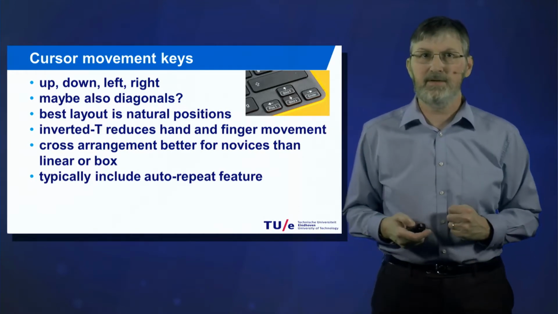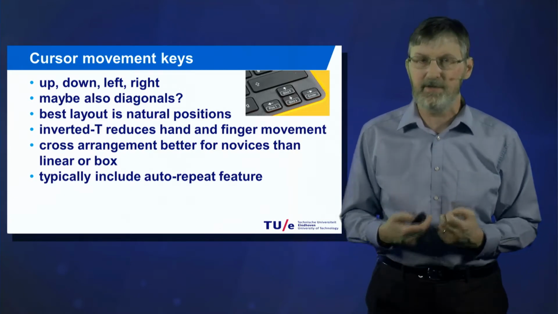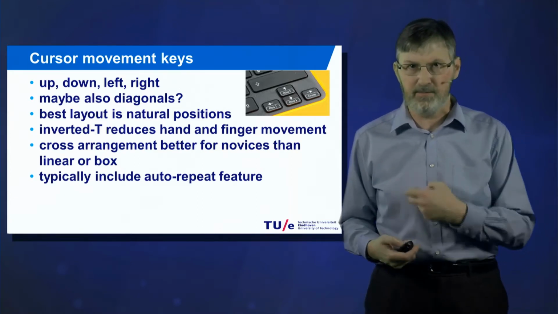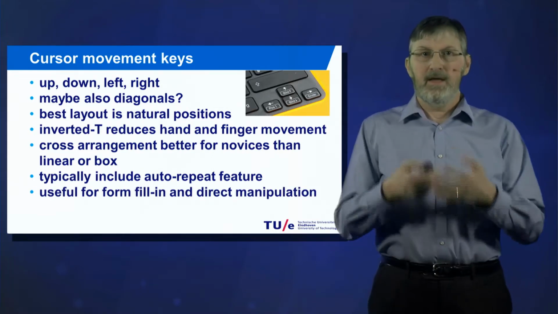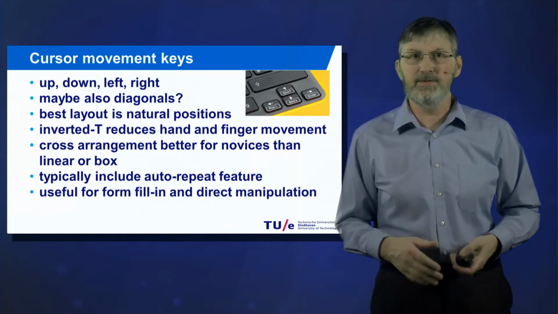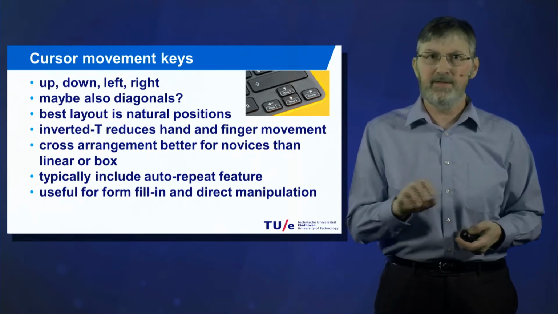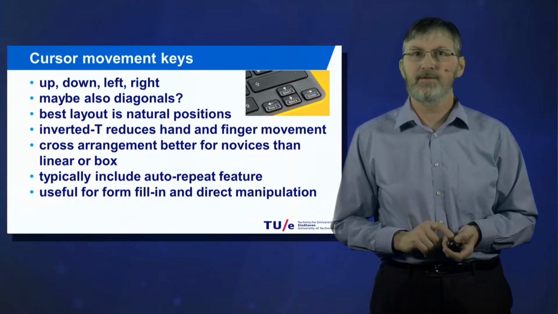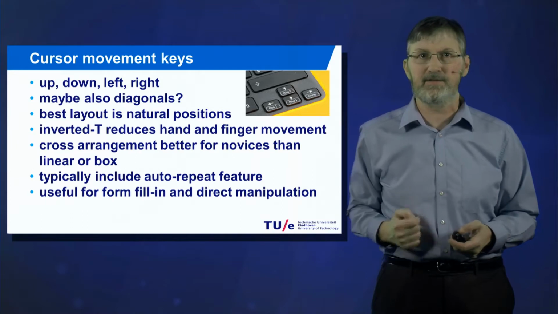Most applications give these cursor movement keys an auto-repeat function so that we can move more quickly over the screen. And function keys and cursor movement keys can also be used for switching between fields on a form, so that we can use, for instance, the down key to each time move to the next field down.